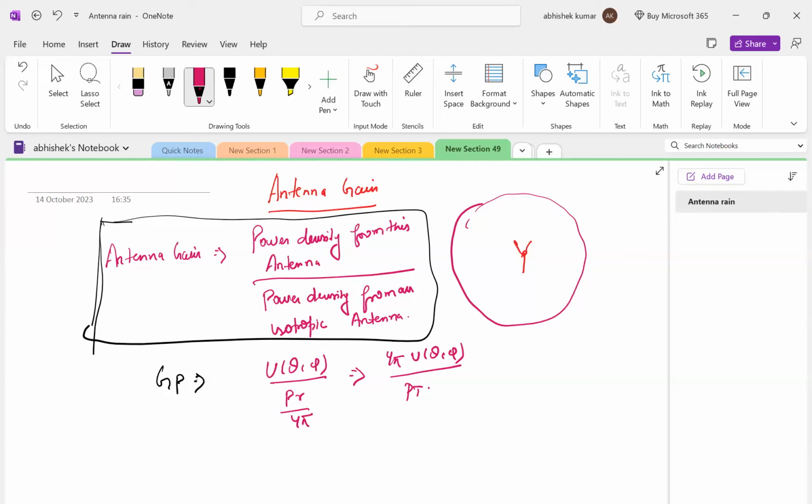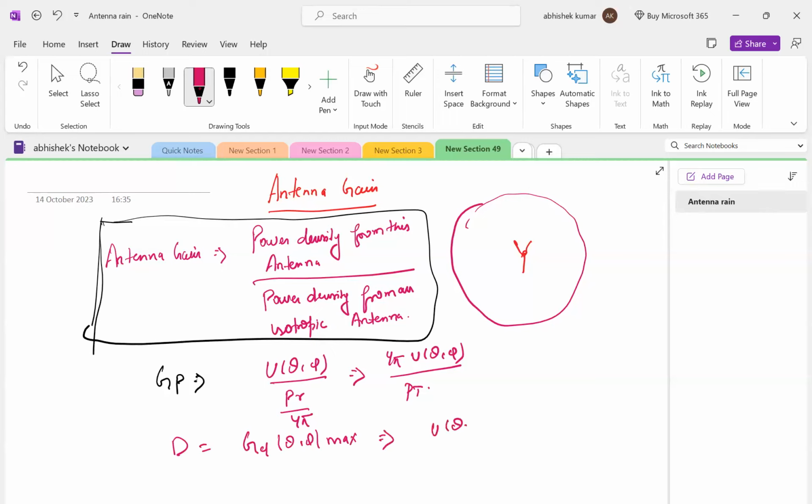And what is directivity? Directivity measures the concentration of maximum power in a direction. It is the maximum gain that we are having from an antenna in a particular direction, that is known as the directivity of the antenna. So directivity can be defined as this one, and this should be maximum, and that will give our directivity.